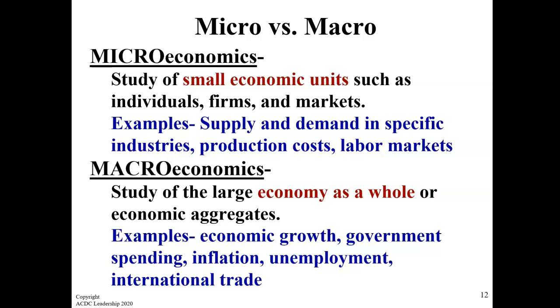Examples would be studying economic growth, government spending, inflation, unemployment, and international trade. So I want you to go back and look at the previous slides and make a guess as to whether you think those would be in the area of micro or macroeconomics.